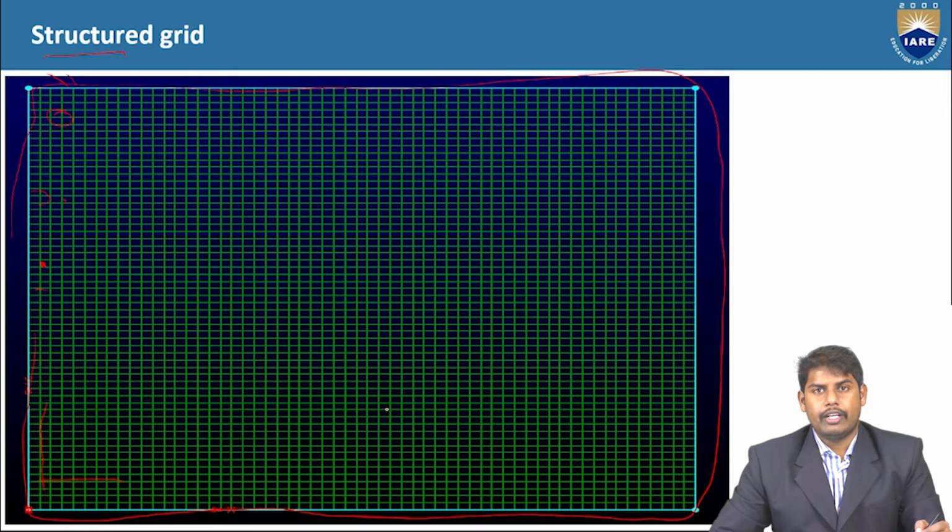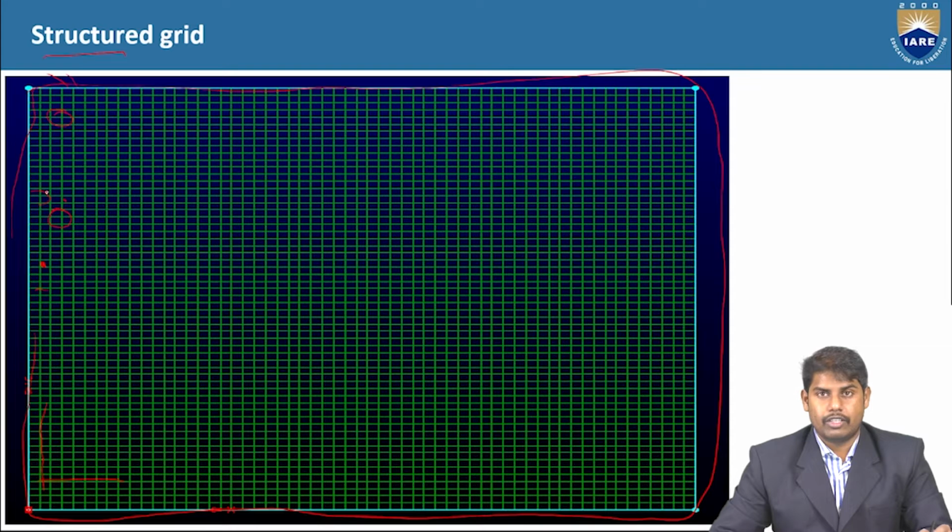Inside the domain, with the help of a mesh or grid, we will divide the domain into subdomains. Basically all these square, rectangular or quadrilateral cells which we have here are called subdomain cells, or let's say cells or node cells.